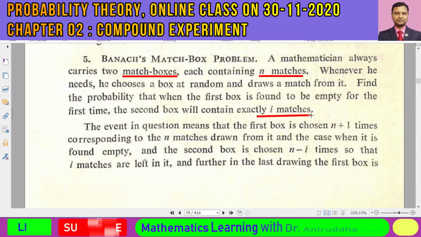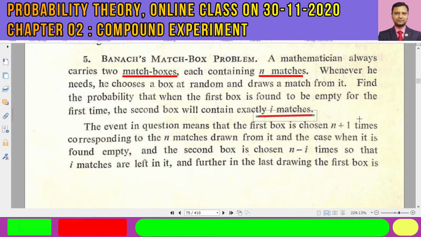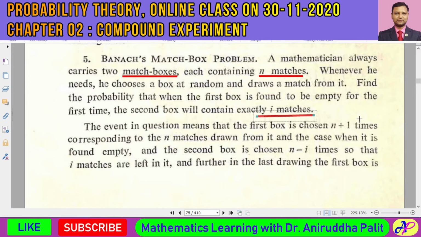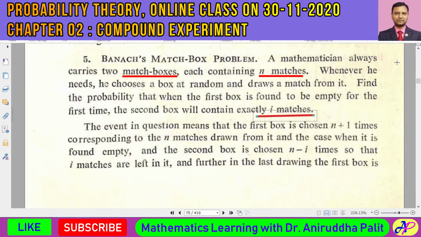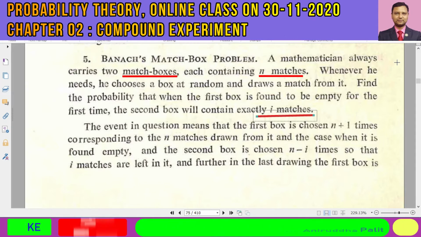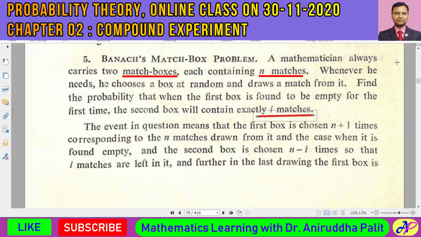When the first box is found to be empty for the first time, the second box will contain exactly i number of matches. That means we have two match boxes, and the mathematician draws one matchbox randomly.